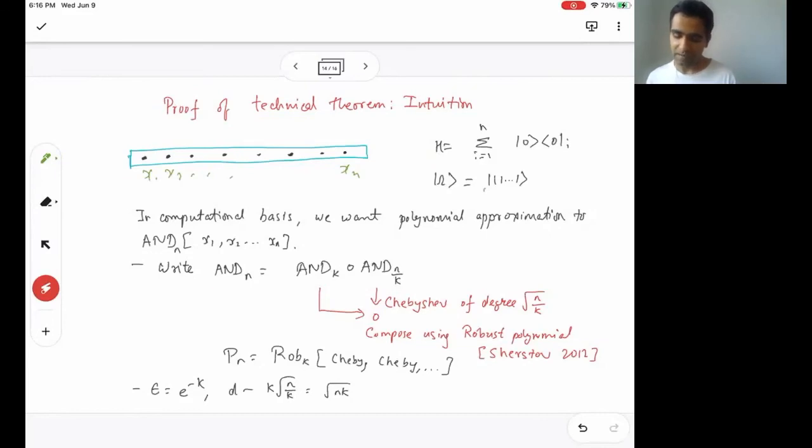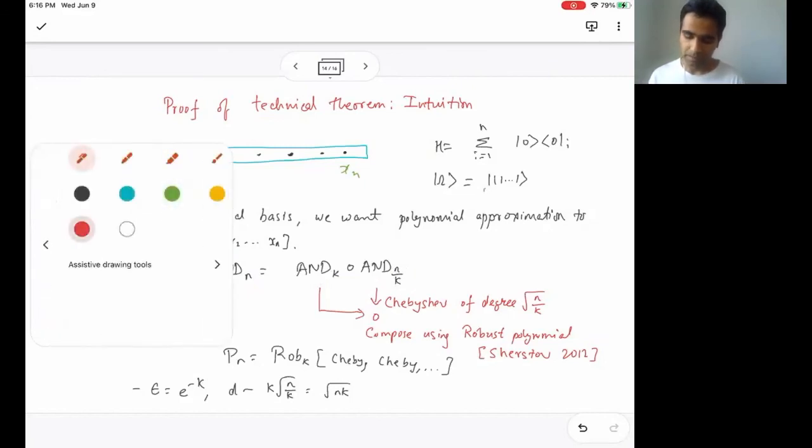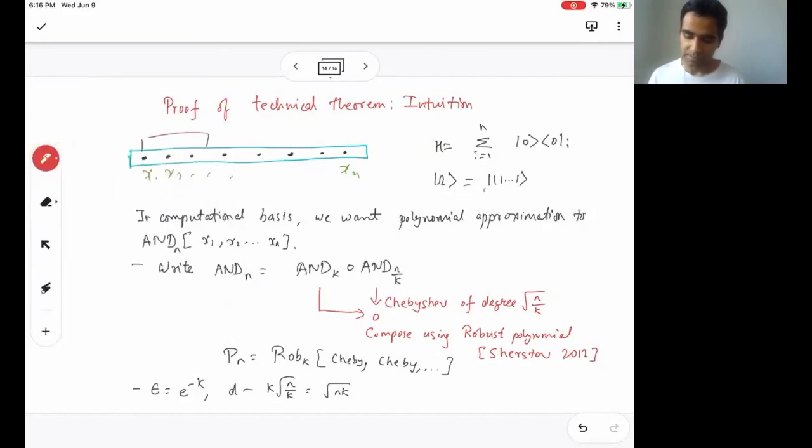So what I'll do is write the AND function on these n bits as an AND of certain k bits, which I can choose, and of n over k, a composition of these 2 AND functions. So basically divide this thing into these parts, each of size n over k, n over k bits here.